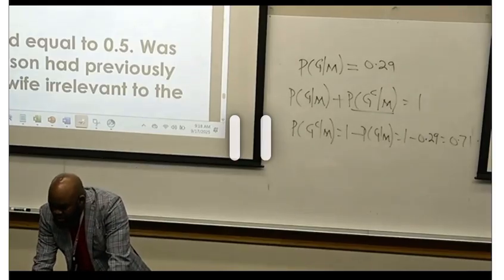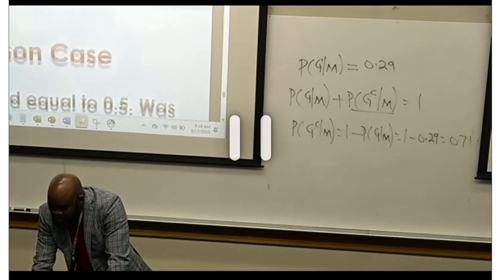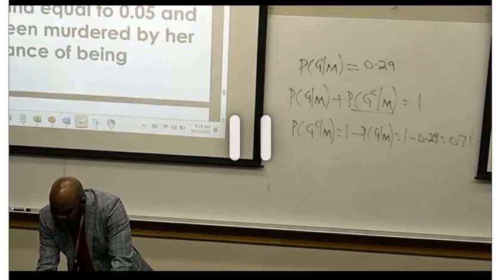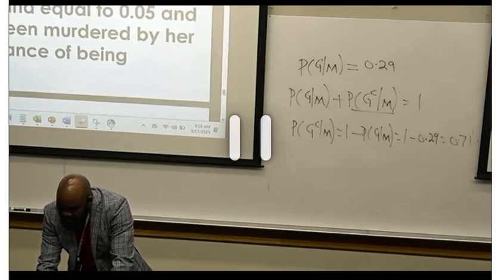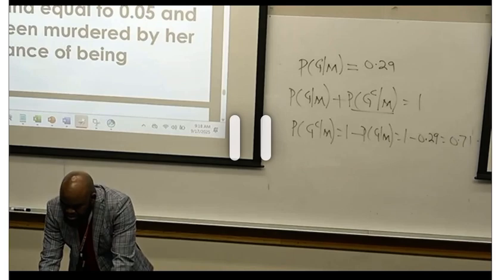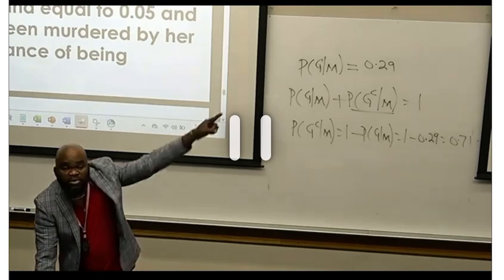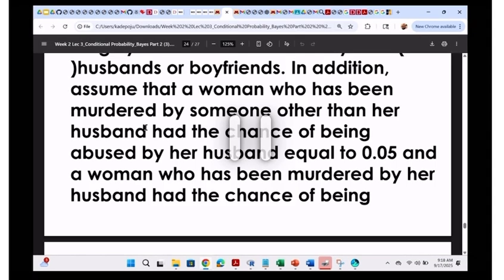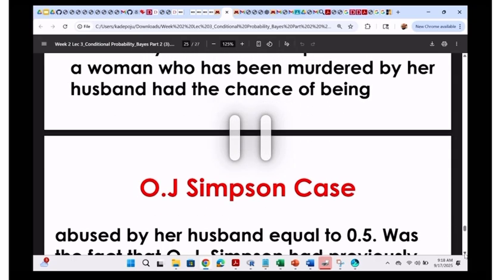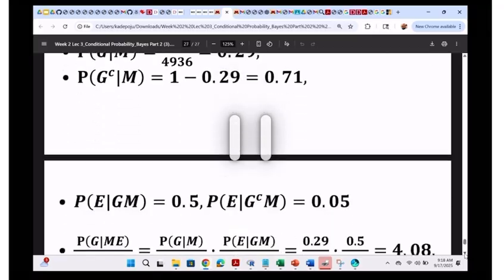And there's another one that is 0.05. Assuming a woman has been murdered by someone else other than the husband, had the chance of being abused, that means in that case, the husband is not guilty. And that was why we got these two here.